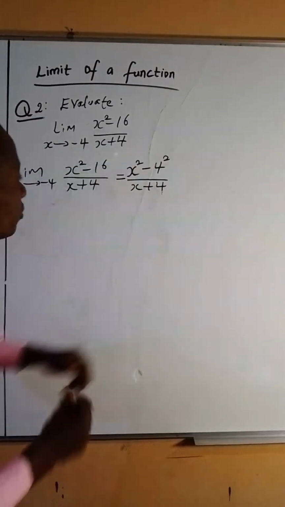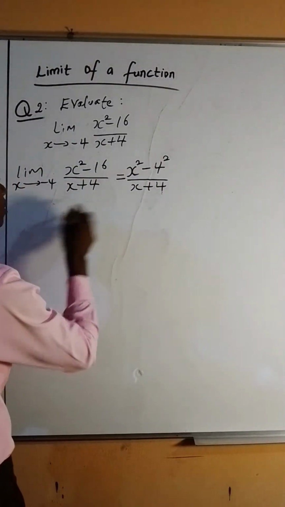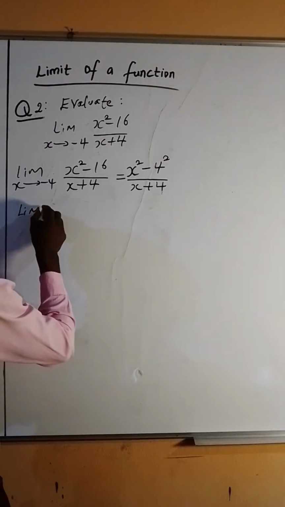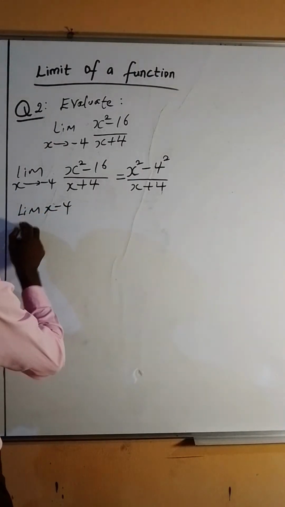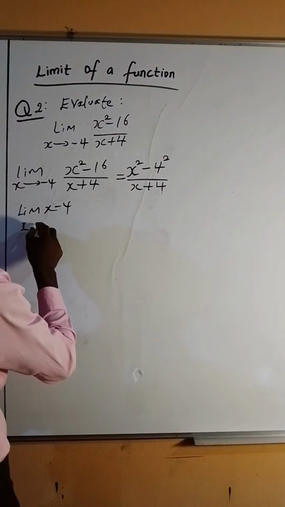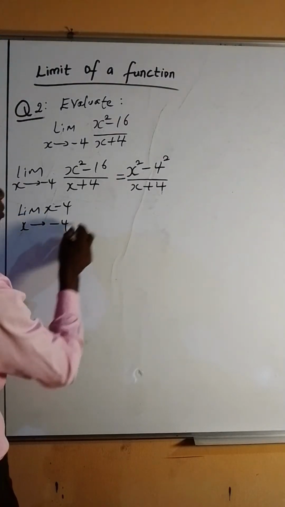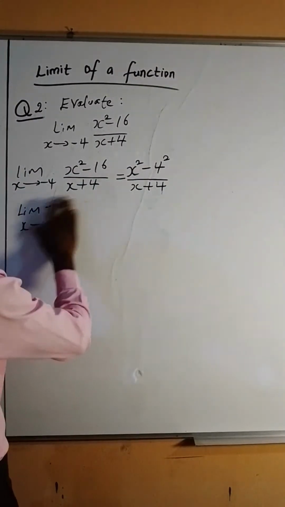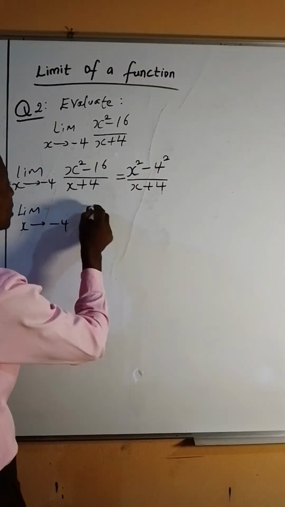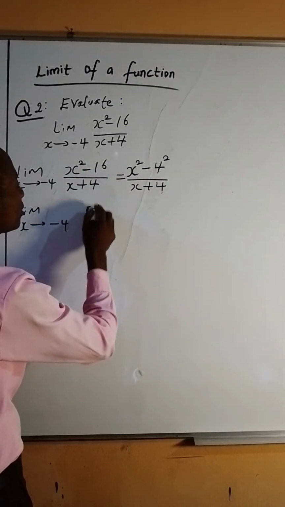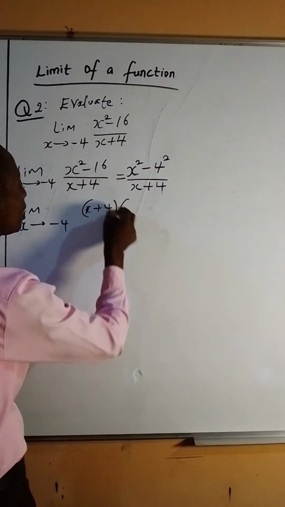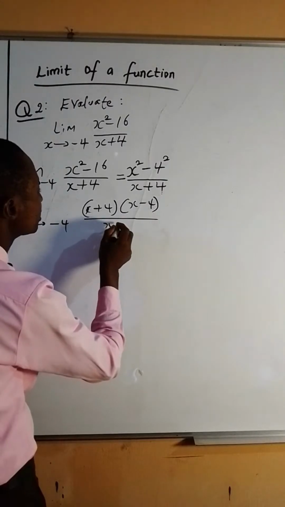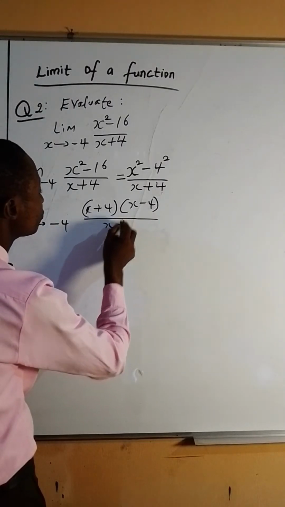Then if we do that, we are going to have the limit as x tends to minus 4 of x minus 4 times x plus 4, divided by x plus 4.